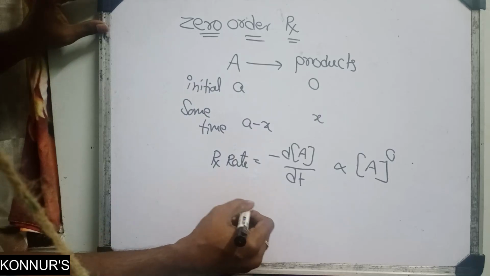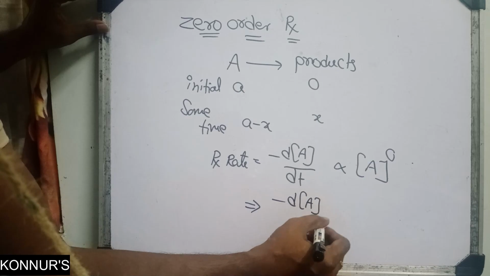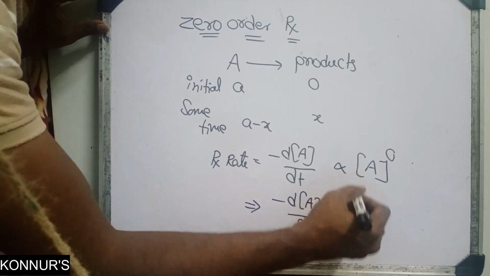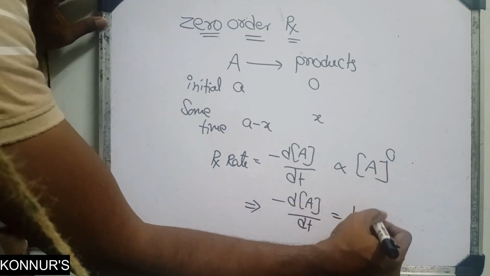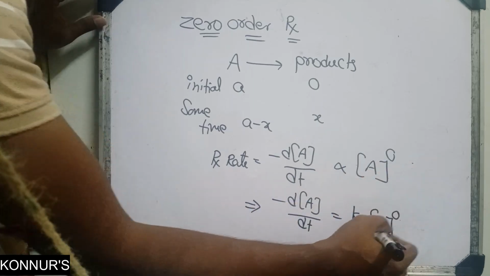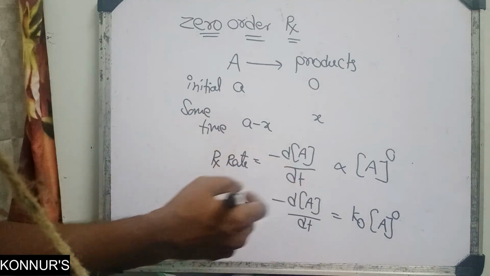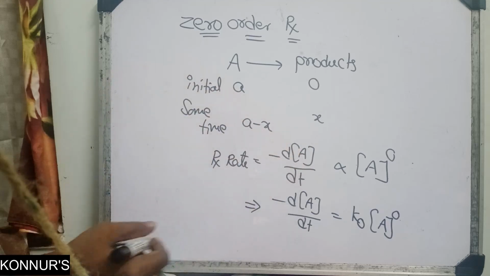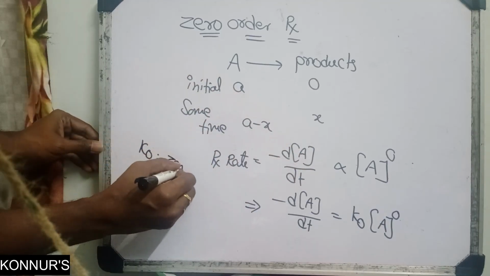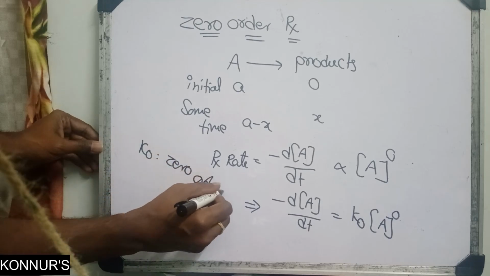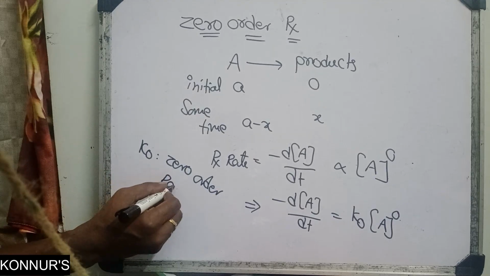Suppose you take minus dA by dt equal to a proportionality constant, k0. So that is A power 0, and A power 0 is nothing but 1. So here k0 is called the zero order rate constant.